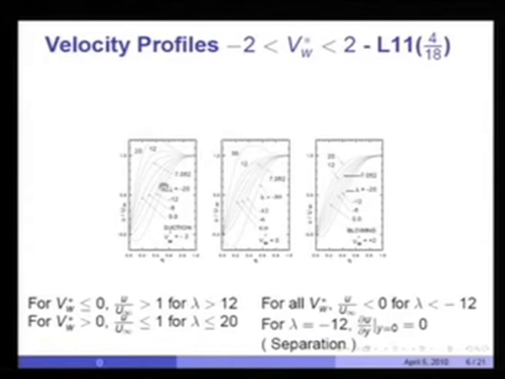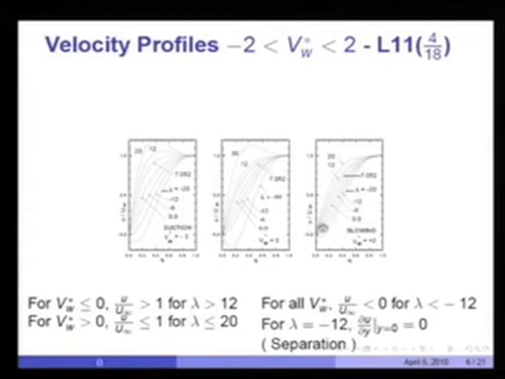Let me go back again to the suction profile. Here you will see for lambda equal to plus 12, u over u infinity exceeds 1, and of course, for 20 it exceeds very much more. And likewise, here for lambda equal to minus 12, there is a velocity which goes less than 0.